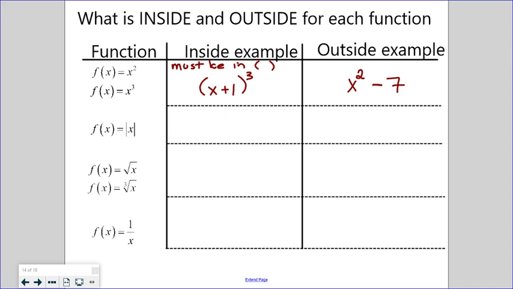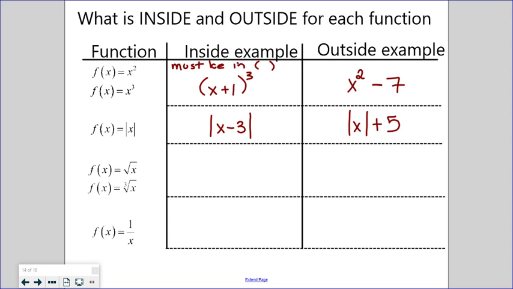The next two are pretty obvious because there are symbols, and if it is inside the symbols, it's inside. If it's outside the symbols, it's outside. So for an absolute value, an example of something inside would be absolute value of x minus 3, compared to an outside would be something like absolute value of x and then the plus 5 on the outside of it. Same thing for your square root and cube root.